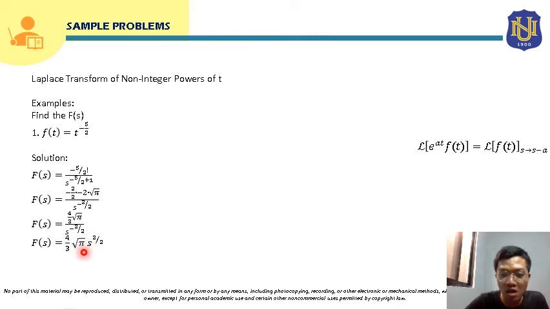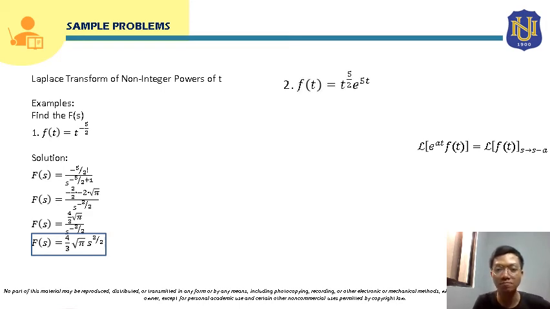If we put it in the numerator, this will become s raised to positive 3 halves. So this will now be the answer: the Laplace transform of t raised to negative 5 halves is 4/3 square root of pi s raised to 3 halves. So this will be the answer for number 1.